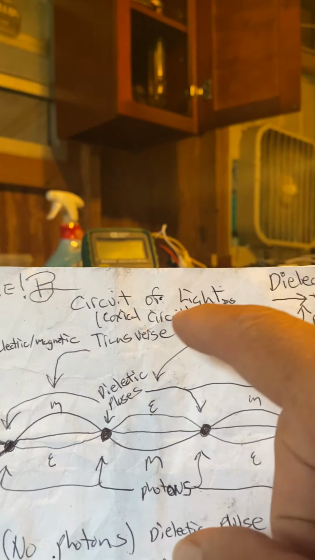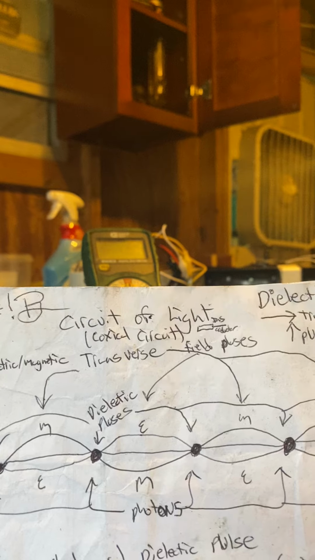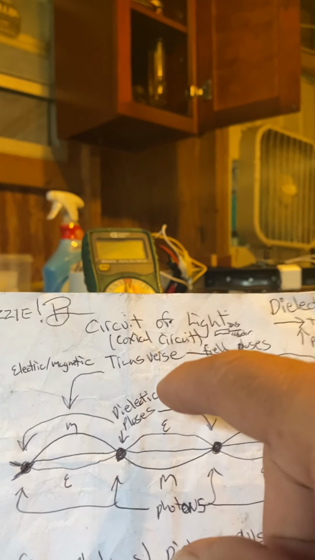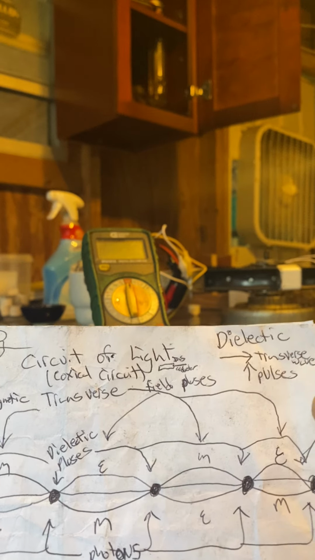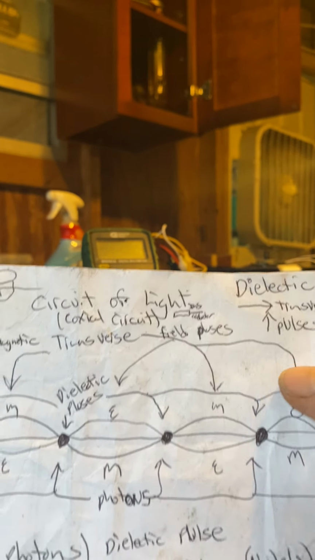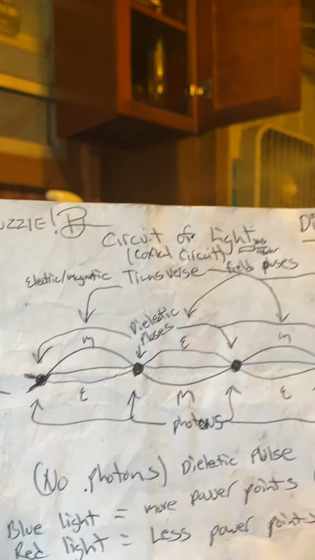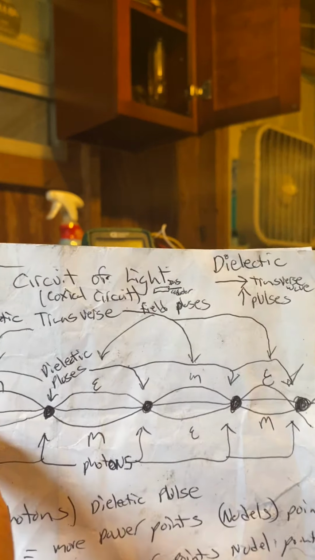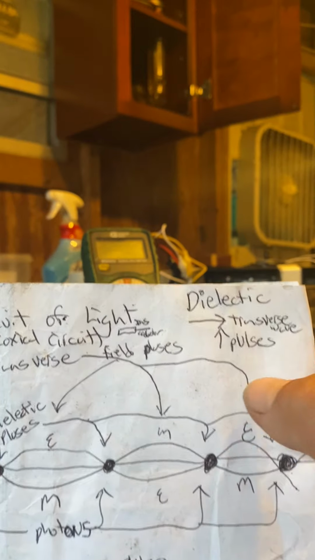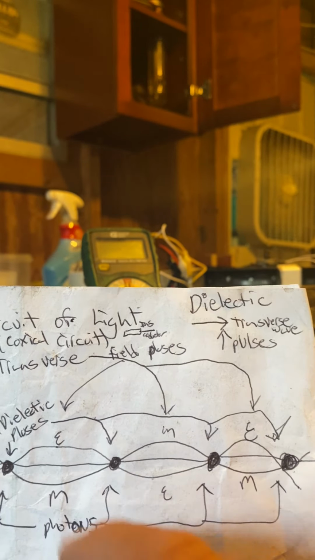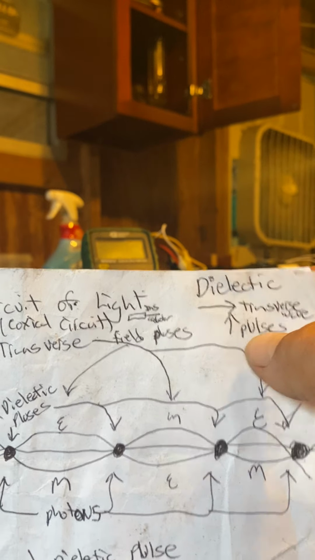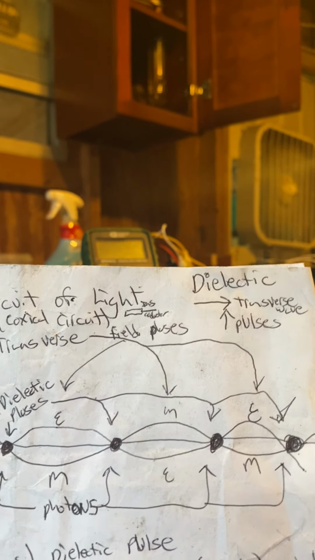So the circuit of light is basically a coaxial circuit. You have transverse field pulses is what we're dealing with. Transverse wave is propagation and travel, which creates nodal points and time, by the way. And then pulses are your individual pulses.